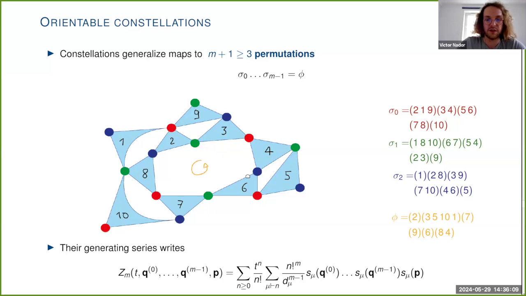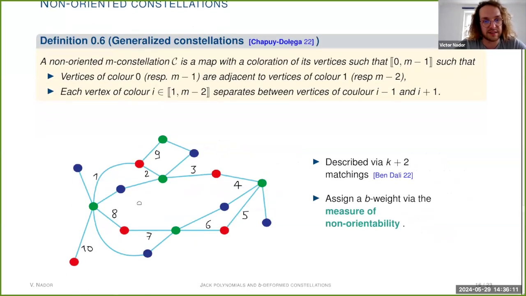What you would get is that now your faces don't cycle from 0 to k, but they go 0, 1, 2, and then they decrease: 2, 0, 1, 2, 1, 0, and so on. We can show that this is a good generalization of non-oriented maps because, for example, this object can be described as k+2 tuples of matchings, as was shown by Hussein in a paper of 2022.